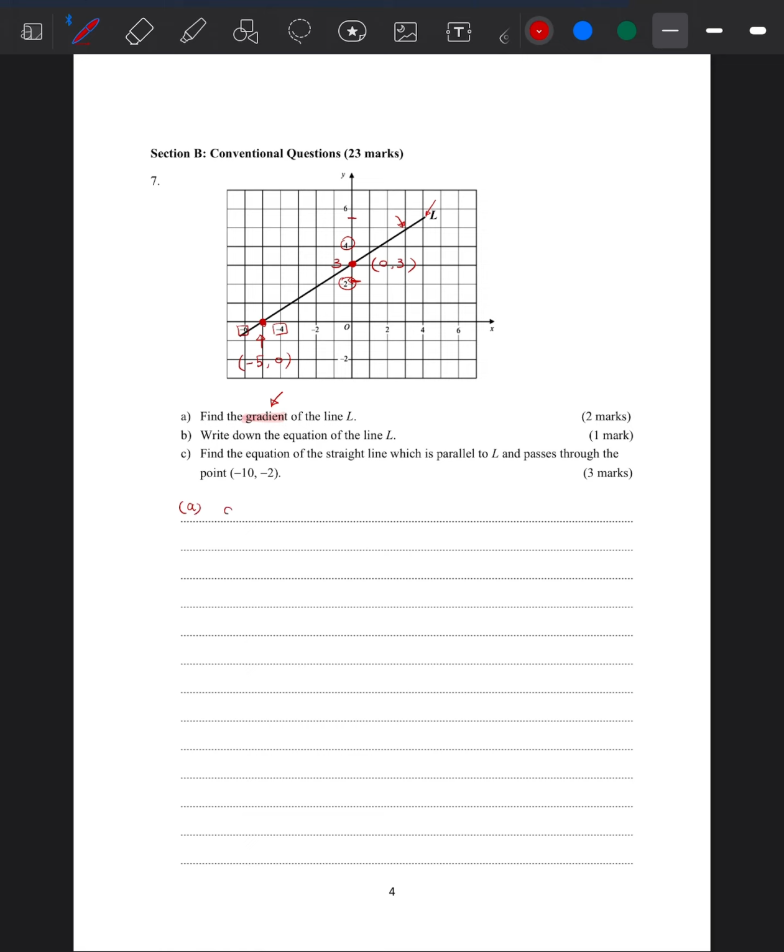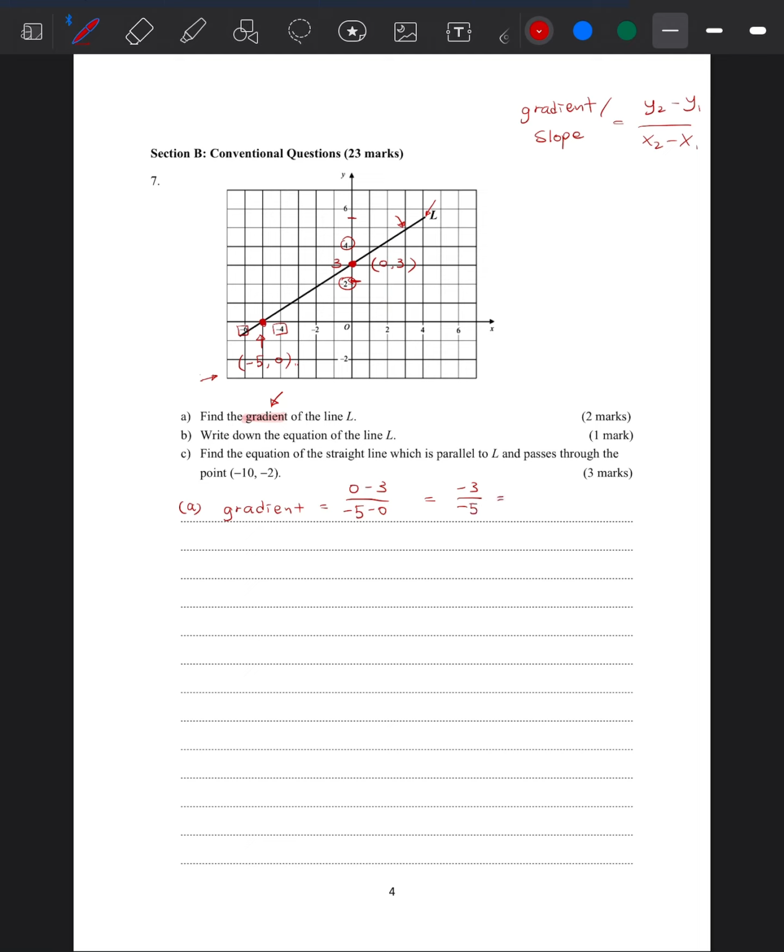So therefore, your part A, gradient equals, remember gradient is just the slope, so it doesn't matter what you call it, but remember it is y2 minus y1 over x2 minus x1. So in this case, it is 0 minus 3 from this point, and then -5 minus 0.